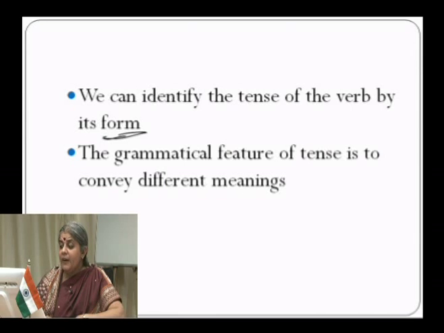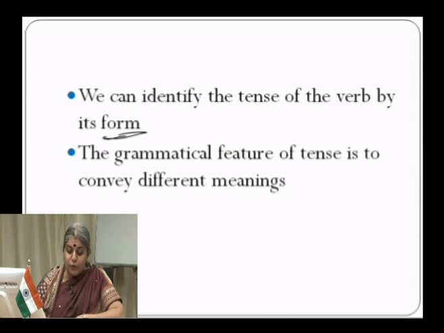We can identify the tense of the verb by what? By its form. Now, when I say form, I am only looking at the form and not at its meaning. The grammatical feature of tense is to convey what? Different meanings.